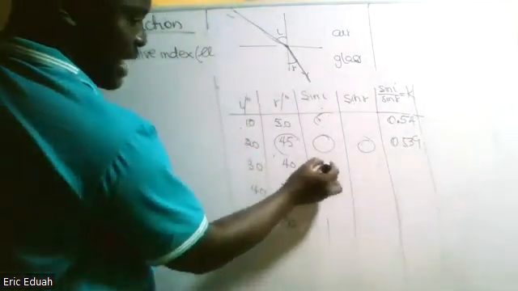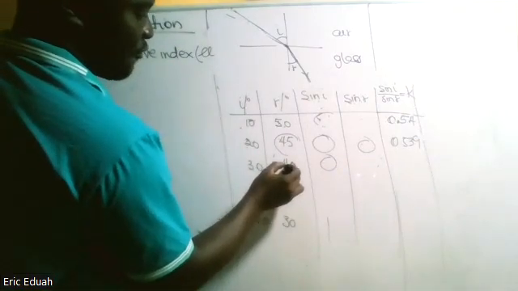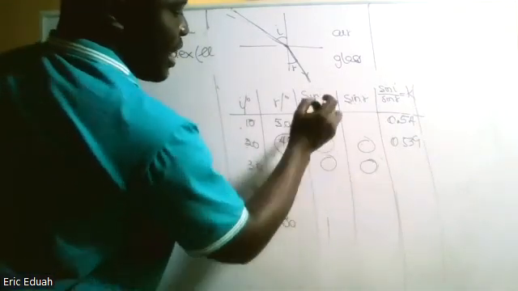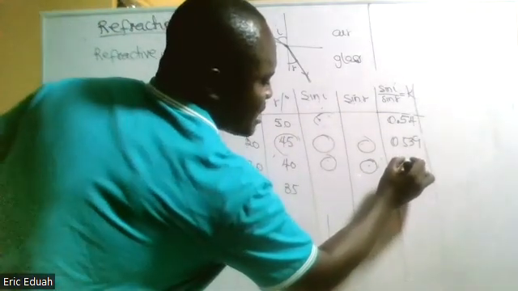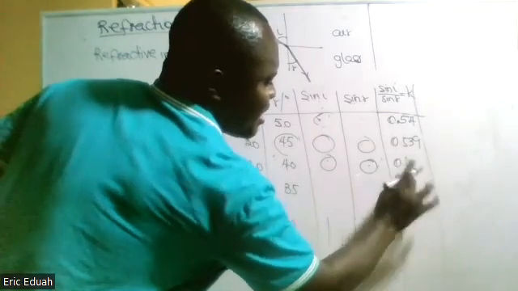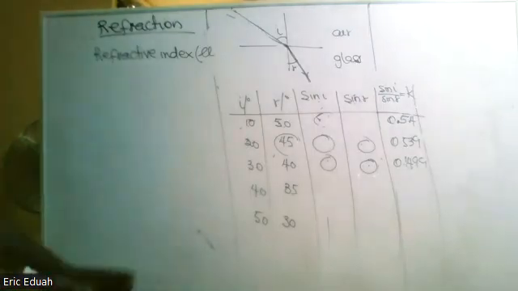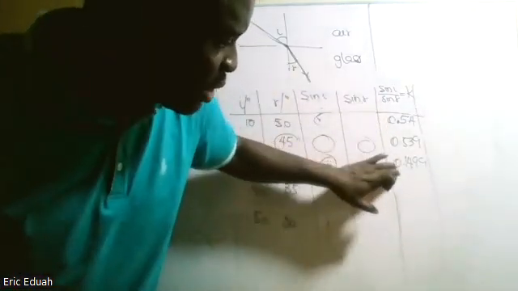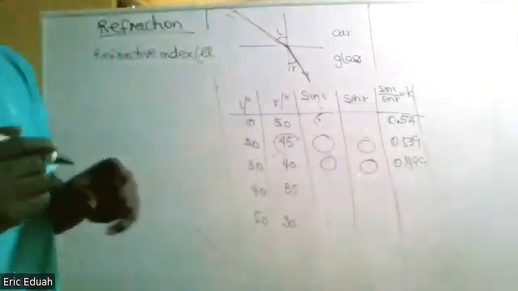If I take the sine of 30, then the sine of 40, and divide this by this, it should also give me a value like 0.499 something. In each ratio, the value should be the same or very, very close.